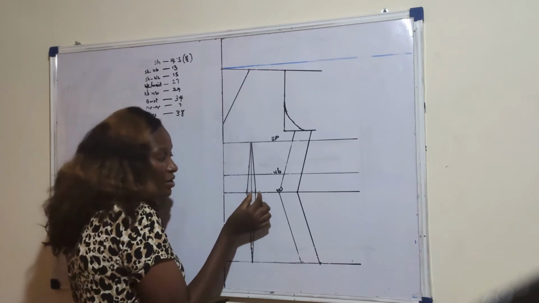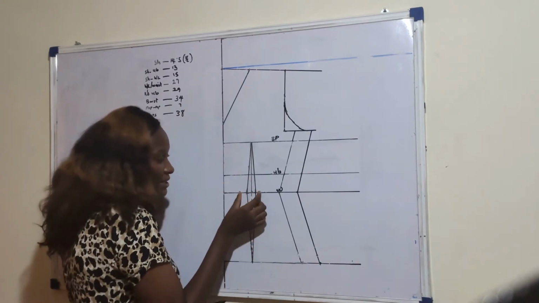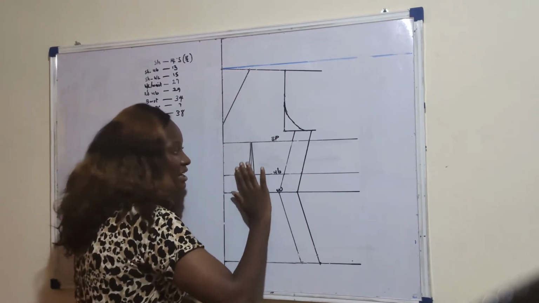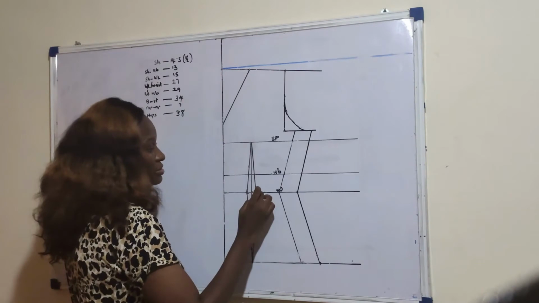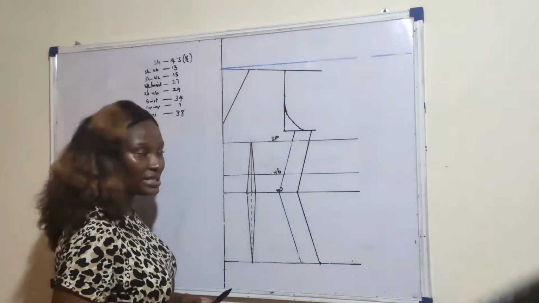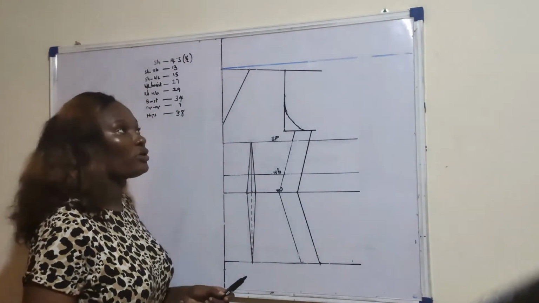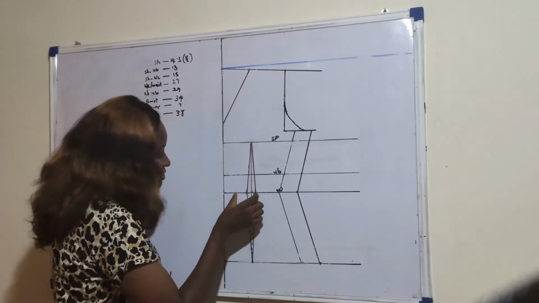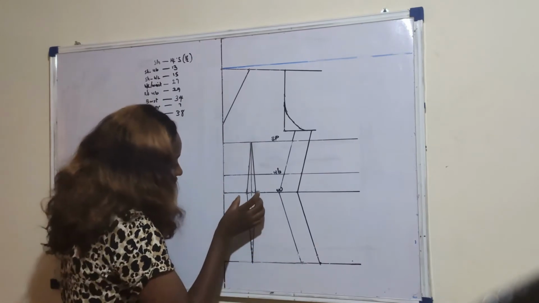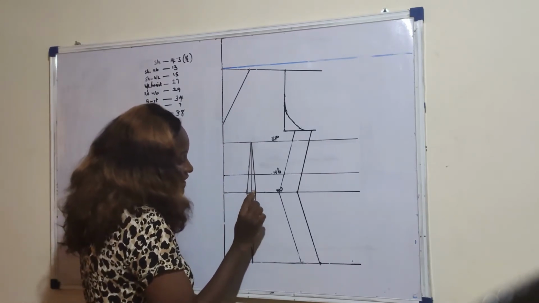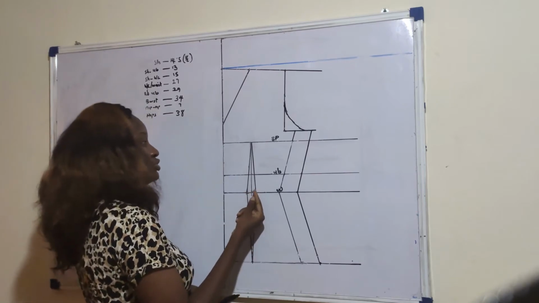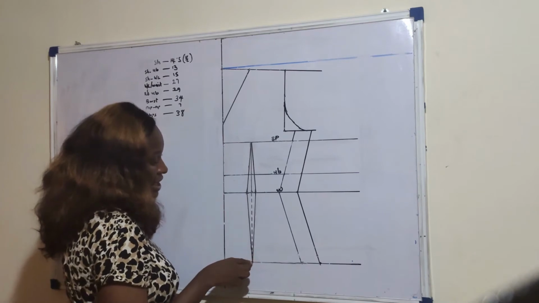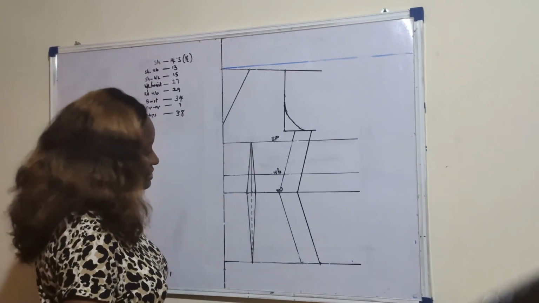We can make it an inch to the right, an inch to the left, to have a bustier cup for a plus size bust of 42, 44, 45, 46, 47, 48. You take an inch apart and you draw the angle to the bust point and to the length of the bodice.